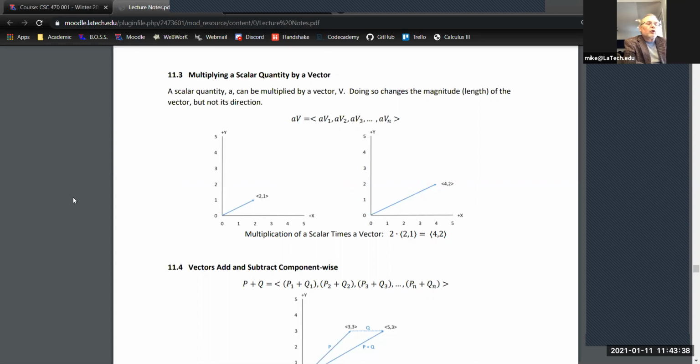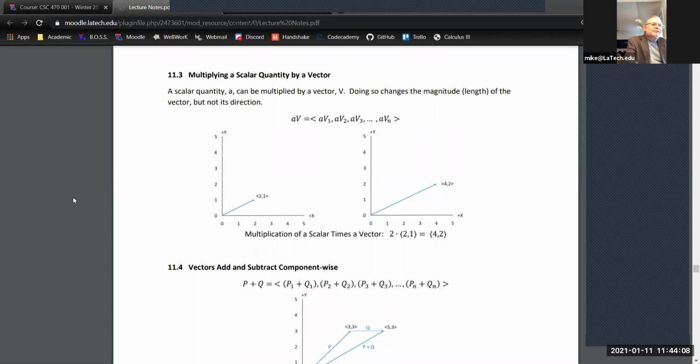The length of 4, 2 is going to be exactly twice the length of 2, 1. So if you take a vector and multiply it by a scalar, all you're doing is changing its length, not its direction. And of course the opposite is true too. You don't have to be increasing the length of the vector; you could be decreasing it.